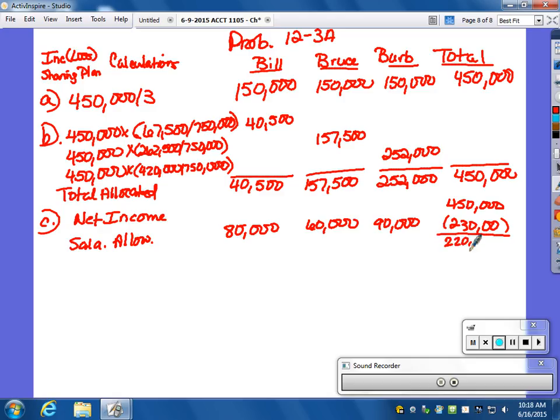So 220,000 is the balance as of right now. And then they get interest, right? What's the interest rate? 10% on the initial investment.